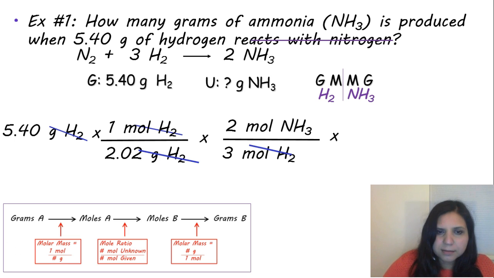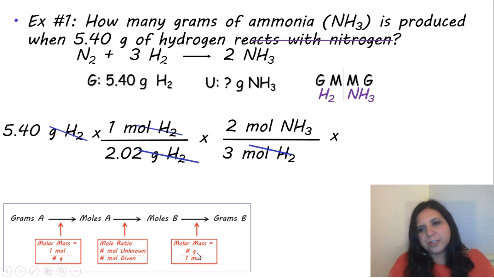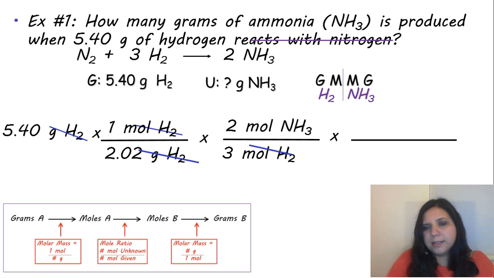We need, from here to here, moles of B to grams of B. So again, we're going to need the molar mass of ammonia. We have to add up 1 nitrogen and 3 hydrogens, and that's going to be equal to 1 mole of ammonia.